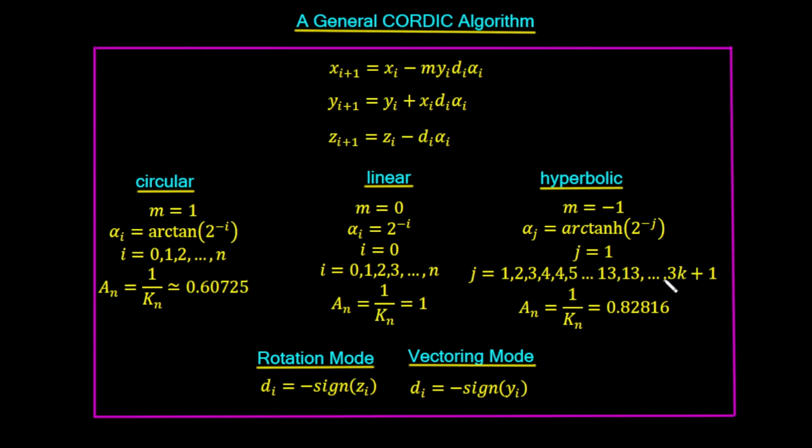So the next repetition will be given at a value 3k plus 1. In this case the value k starts off at 1, and we have 3 times 1 plus 1, so the first repetition is 4. And then we put the value of 4 in for k, and this is going to give us 4 times 3 is 12 plus 1 is 13, the next repetition.